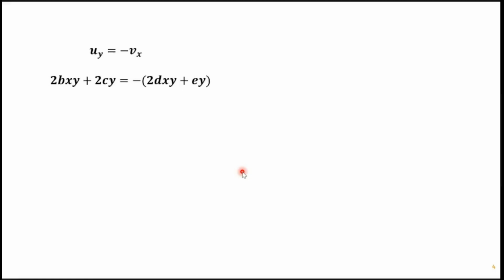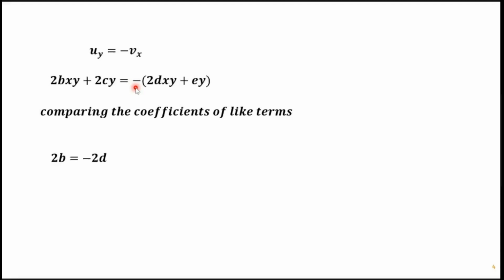Again compare the coefficients of the like terms. यहाँ पे variables x, y ऐसे variables है, बाकी सब जो है वो constant है. तो यहाँ पे दो variables, एक तो x, y है, यहाँ पे y है. तो if I compare the coefficients again, I will get x, y का क्या होगा coefficient? 2b is equal to minus 2d. Yes, 2b is equal to minus 2d, or I can write b is equal to minus d.